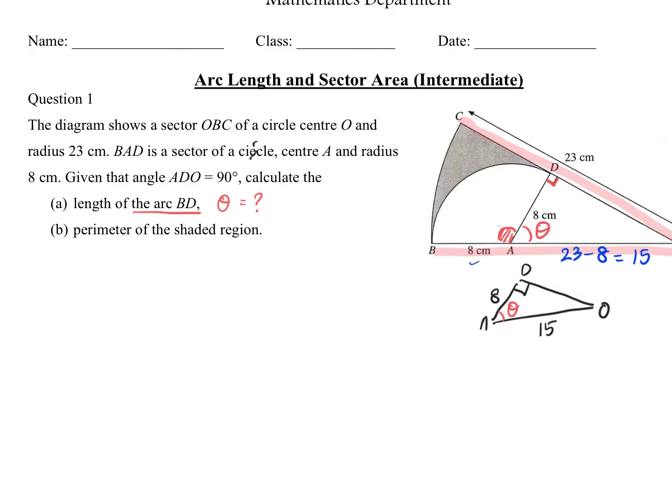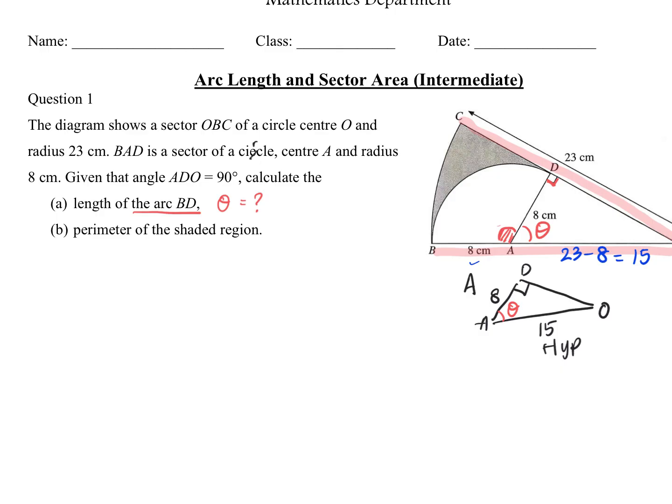So if this is my angle in a right angle triangle, I'm going to use SOH CAH TOA. What do we have? I have my theta, and this side is going to be my hypotenuse, and this is going to be my adjacent, touching the angle.